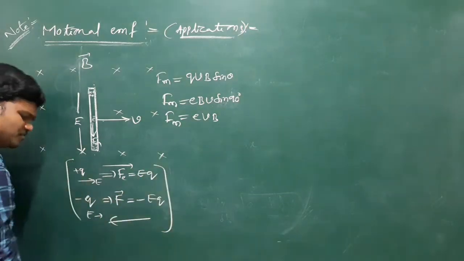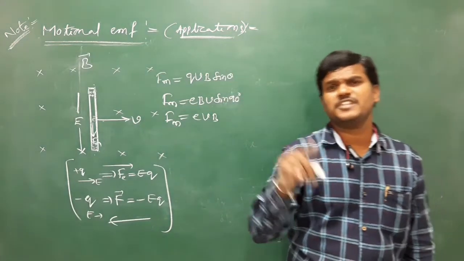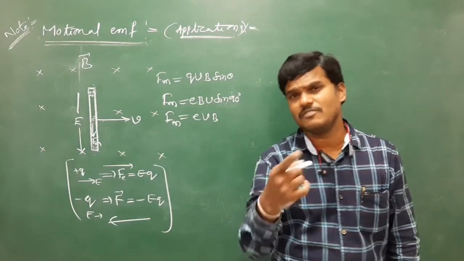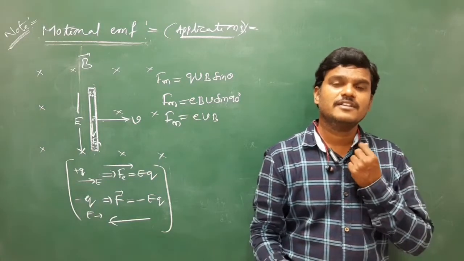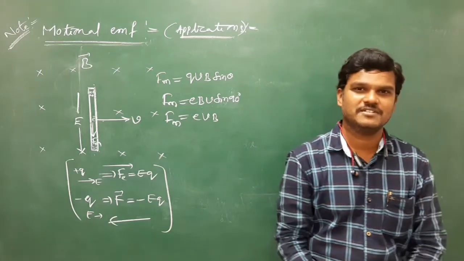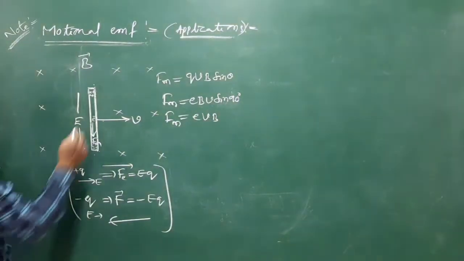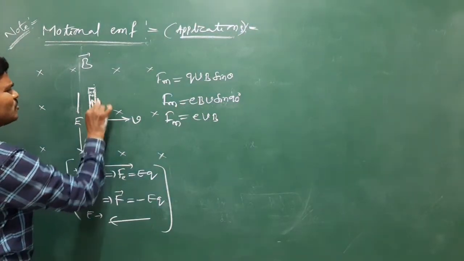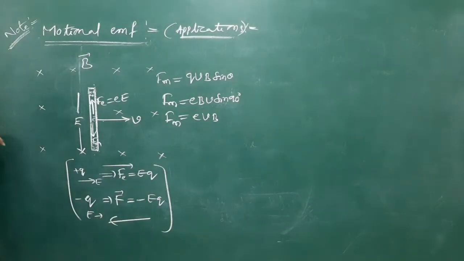A positive charge experiences a force in the direction of the electric field. A negative charge experiences electrical force in the opposite direction. These are very basic things you remember, I think. Now this electron experiences electrical force upward. How much is this? EE.